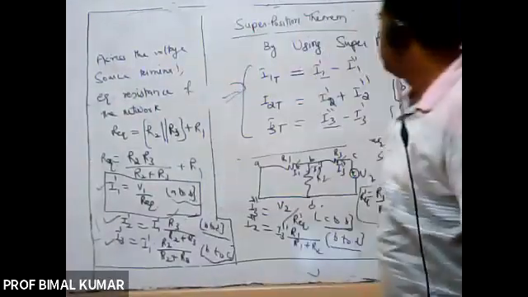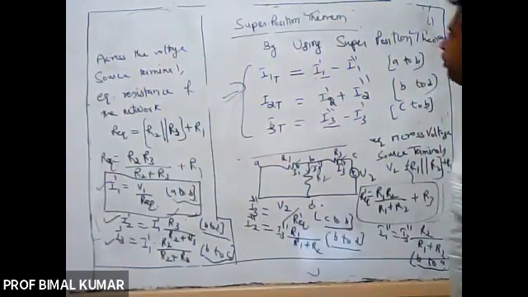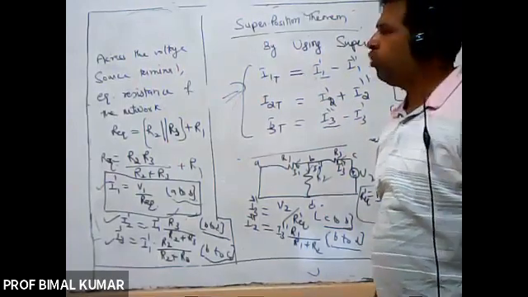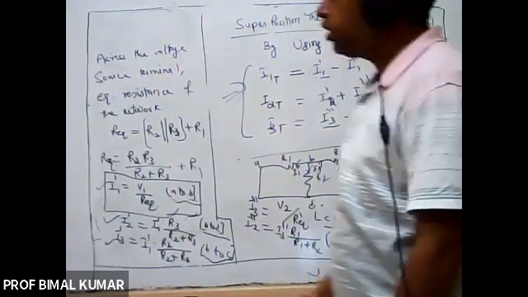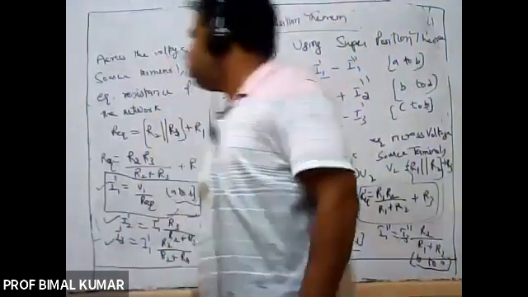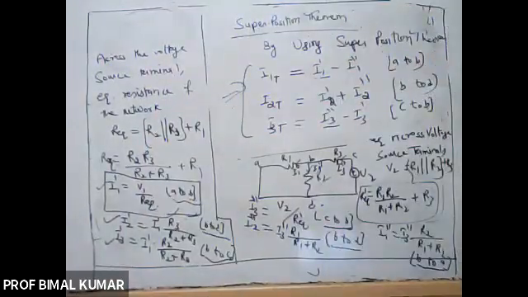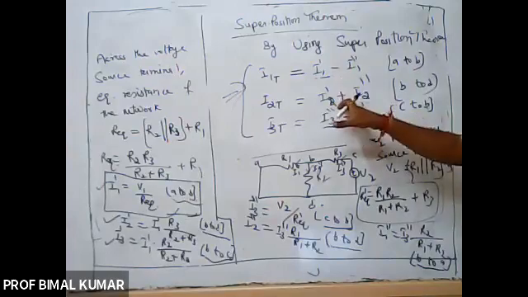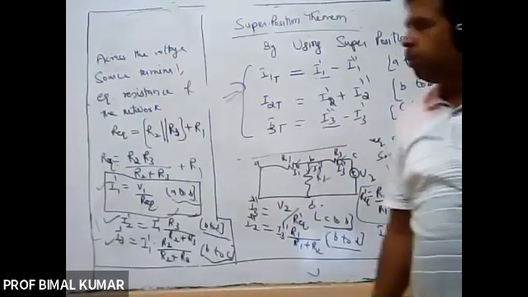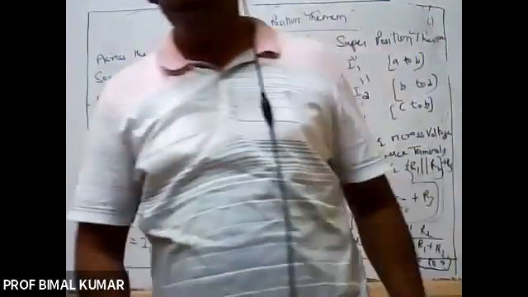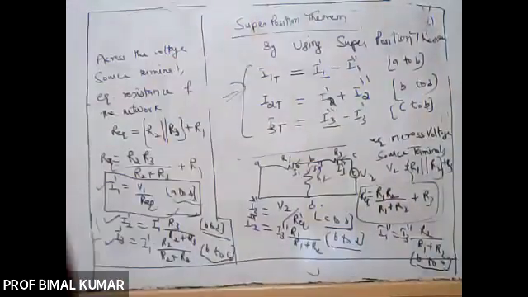So by using the superposition theorem, by keeping one energy source active at one time and deactivating all the other energy sources, you will be able to calculate the current in any branch, right? So this is all about the superposition theorem.